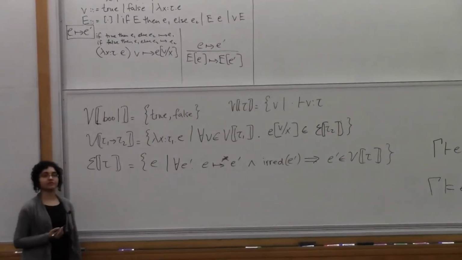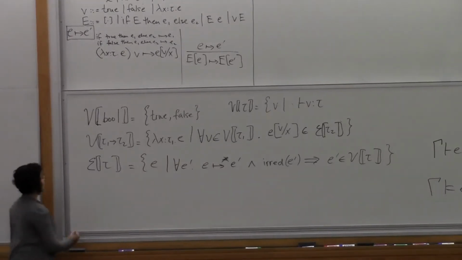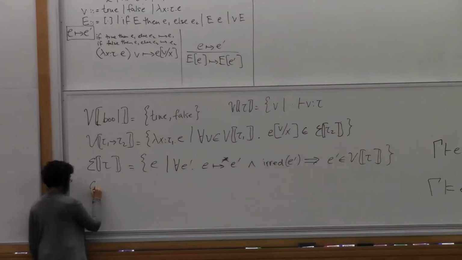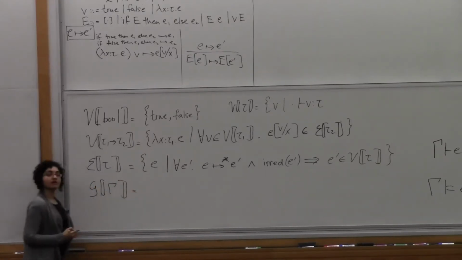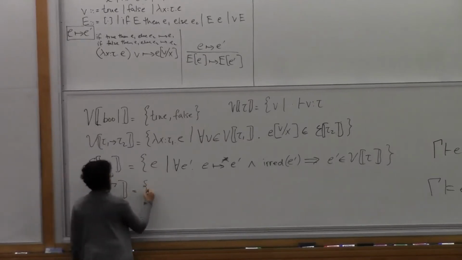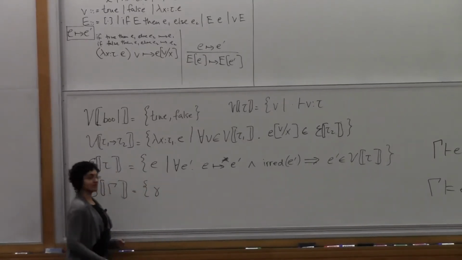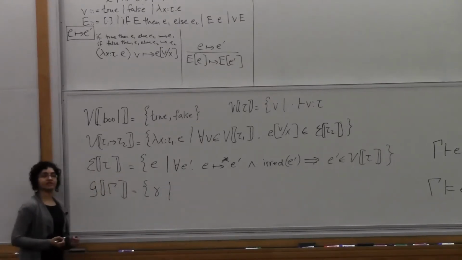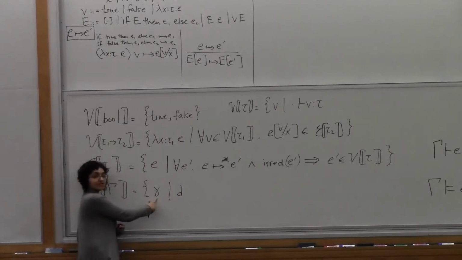Okay, so here's what I want to do. First, let's talk about substitutions. Again, substitutions gamma, just like we had yesterday. We're going to define a set G gamma of substitutions gamma. This is going to start to look very familiar, such that, by the way, little gamma, just like yesterday, maps variables to values.